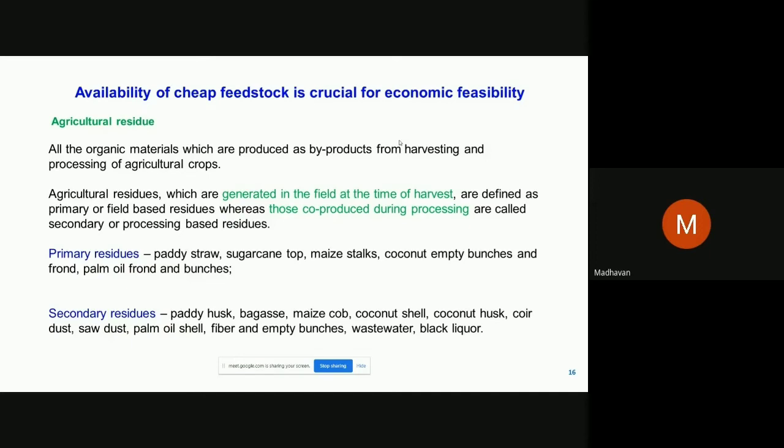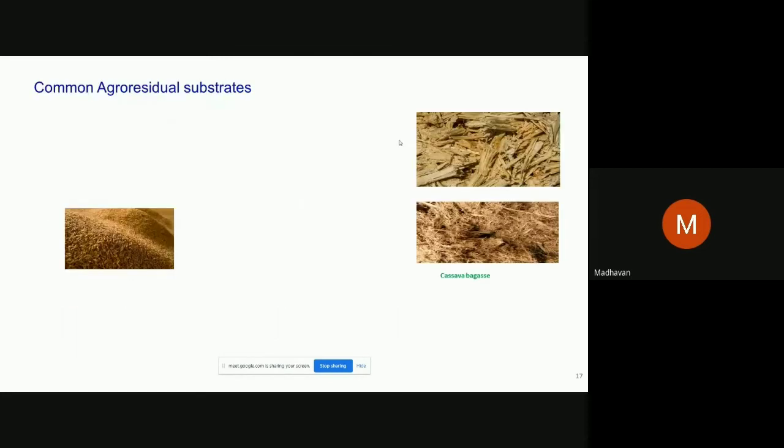So this type of material is very immense in our country, which is otherwise going as waste. We have seen the burning of all these paddy fields after the harvest. Lot of environmental issues are coming up also. Why don't you use these kinds of substrates?